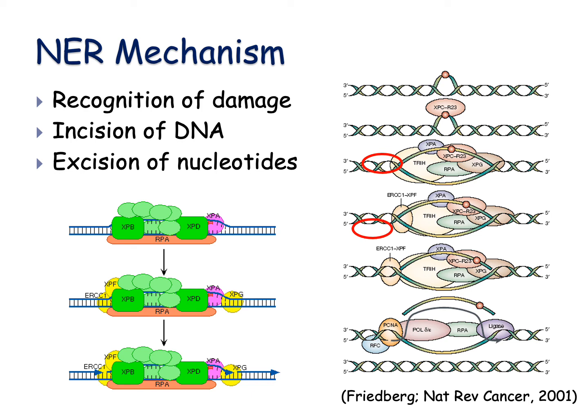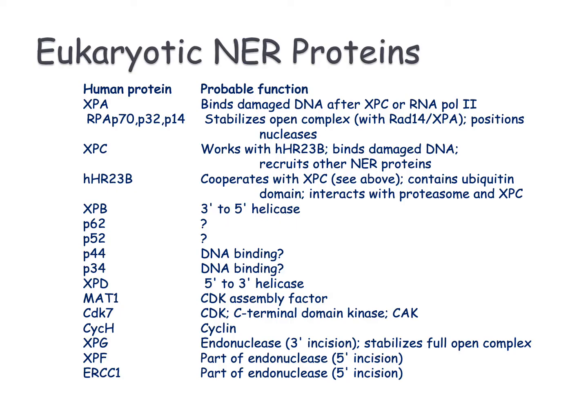It doesn't require primase because you already have something to elongate off of, but it requires the polymerase and the ligase to seal the two pieces of DNA together, as well as all the other enzymes that are needed for DNA replication. And this is a list of some of those proteins and what they appear to be doing. Of course, we don't know the function of some of them, but many of them we know.